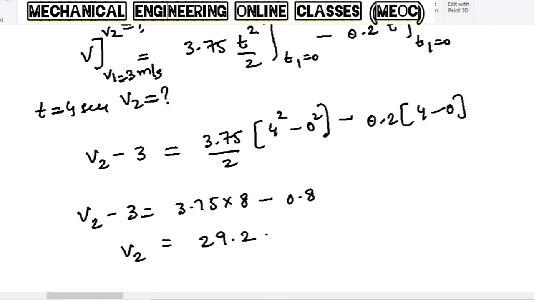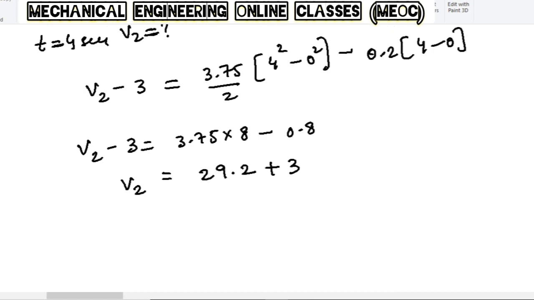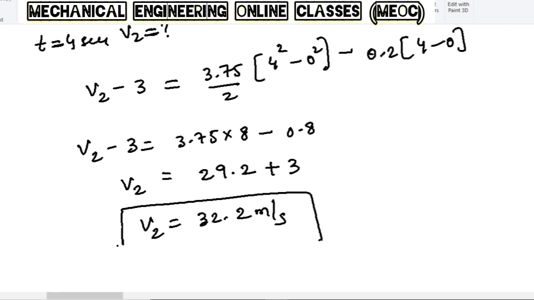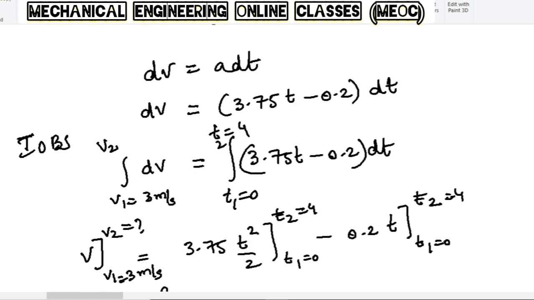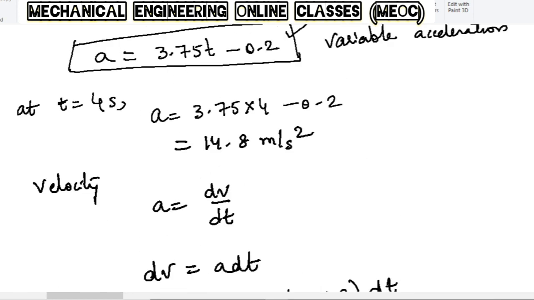So v2 will be 29.2 plus 3, that is nothing but 32.2 meter per second. So we have found the velocity at t equal to 4 seconds, and also the acceleration when t is 4 seconds.